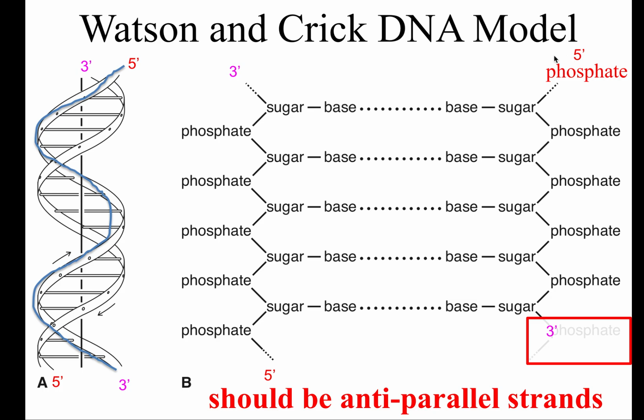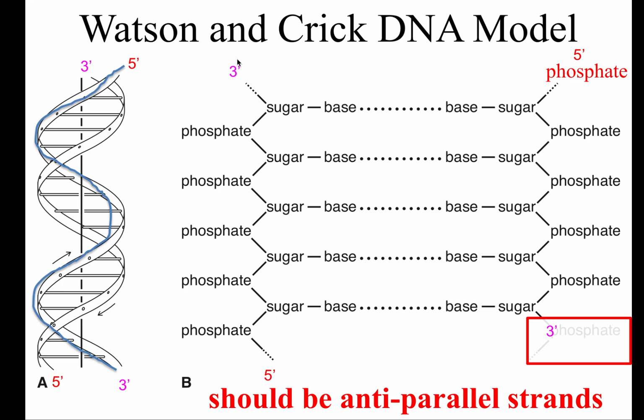So that the 5' end is here and the 3' end is there. So they didn't figure that out, and if they had figured that out, this phosphate wouldn't be here, it would be up here. So anti-parallel is what that's called.